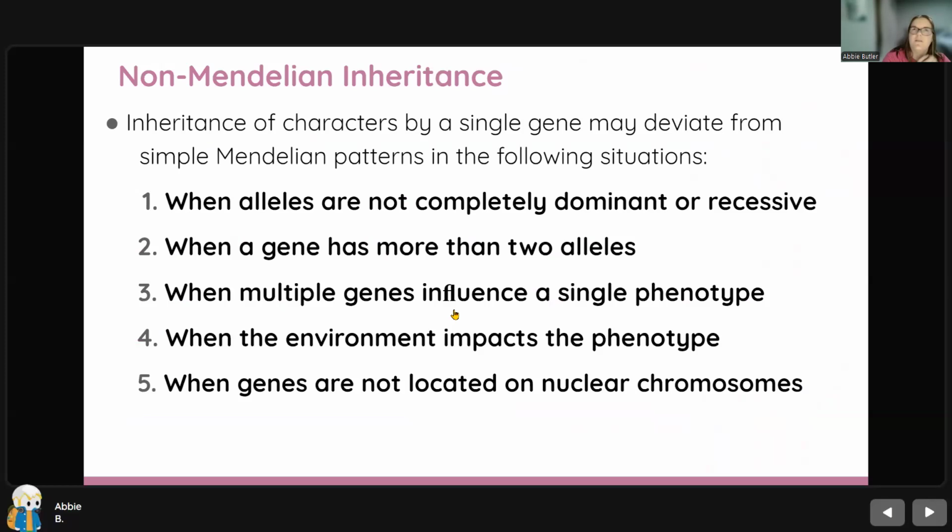Inheritance of characters by a single gene may deviate from simple Mendelian patterns: when alleles are not completely dominant or recessive, when a gene has more than 2 alleles, when multiple genes influence a single phenotype, when the environment impacts the phenotype, or when genes are not located on nuclear chromosomes.